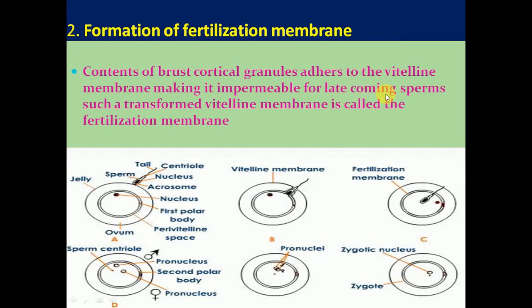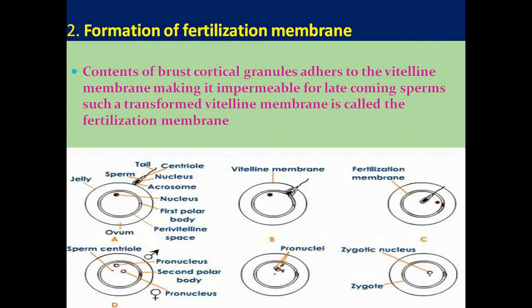Before the entry of the sperm, the vitelline membrane is permeable, but once the sperm enters, due to the chemical reaction, the cortical granules burst, stick to the vitelline membrane and make it impermeable.